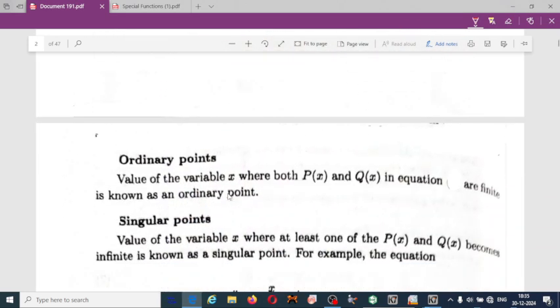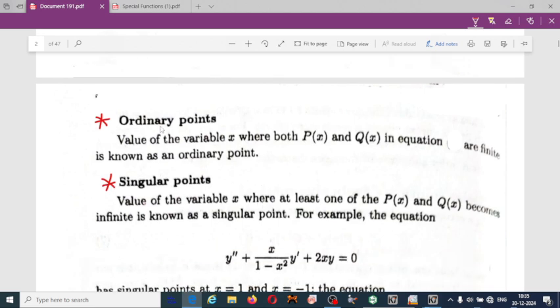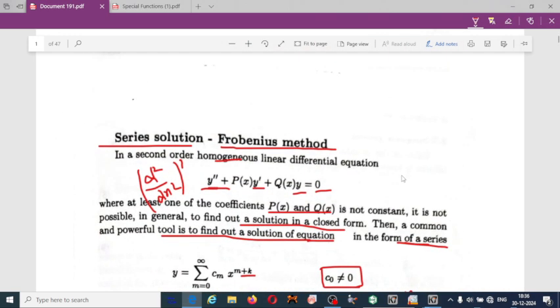If we want to have different types of special functions like Bessel, Legendre, Laguerre, we first need to understand ordinary points and singular points. On that basis we can classify. Ordinary points are values of the variable x where both p of x and q of x in equation 1 are finite. Let us take this as equation 1.